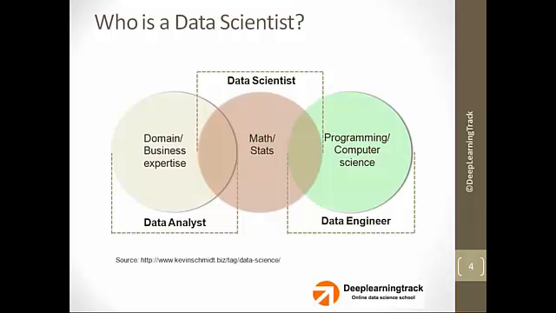What a data scientist does is a combination of tools, which comes under programming and computer science, a combination of statistical techniques, which comes under the math or stats part, and then finally domain and business expertise, which comes under what are the use cases or problems that we are solving.